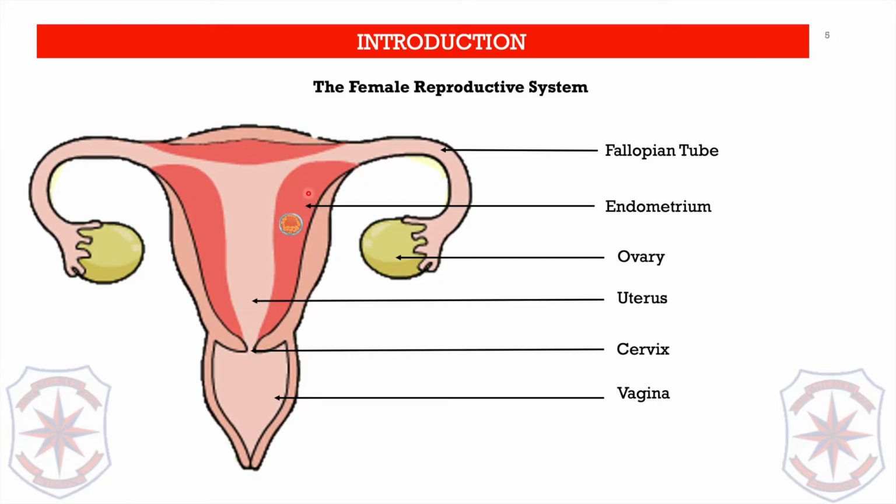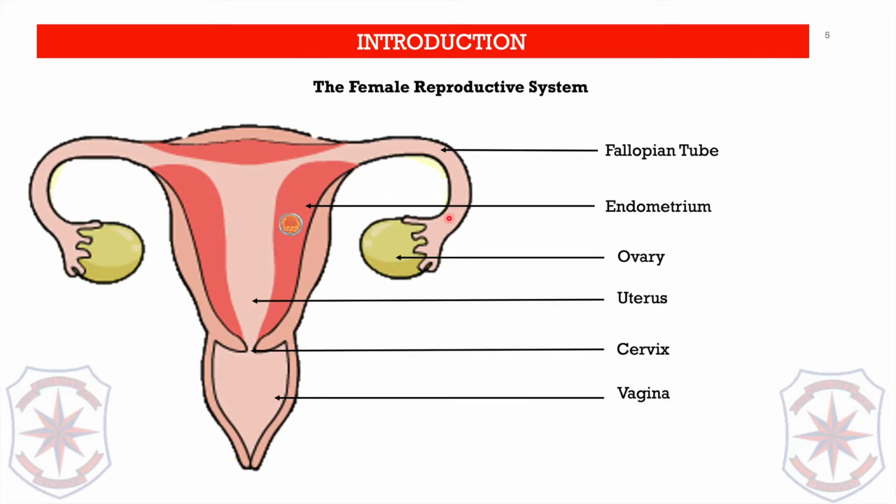So, for reproduction to take place, we firstly need an ovum that is produced in the ovaries and released to the fallopian tubes. The sperm cell will fertilize the ovum in the fallopian tubes, and then it will be a zygote.